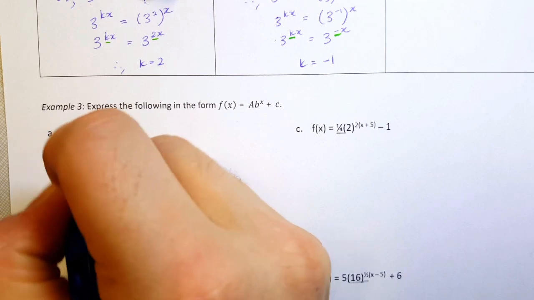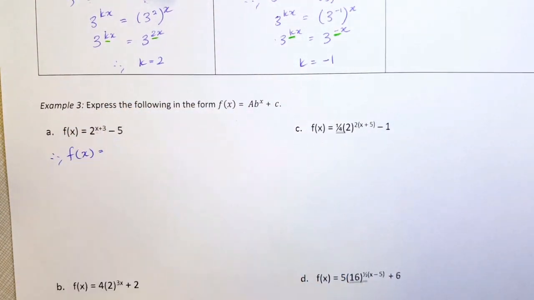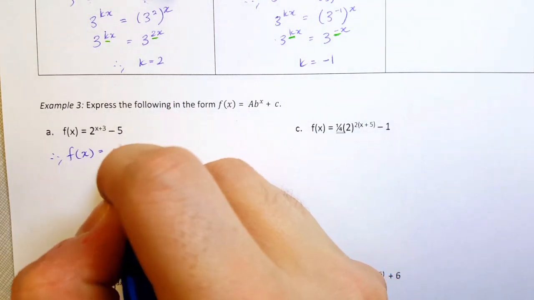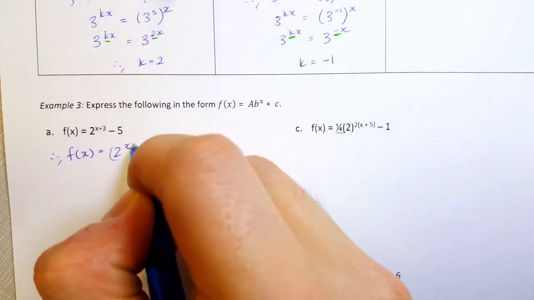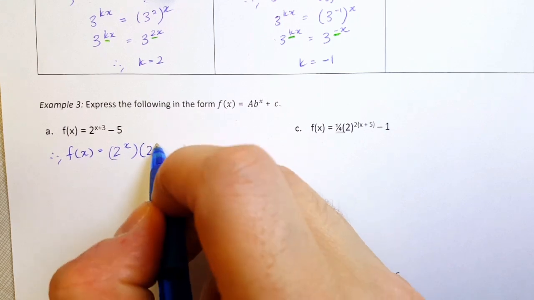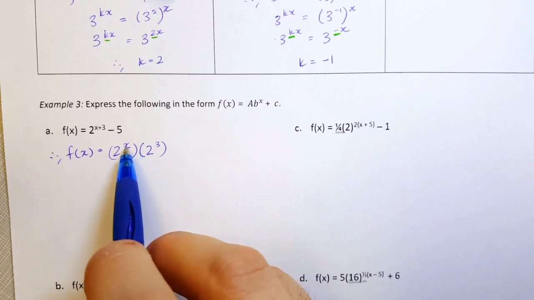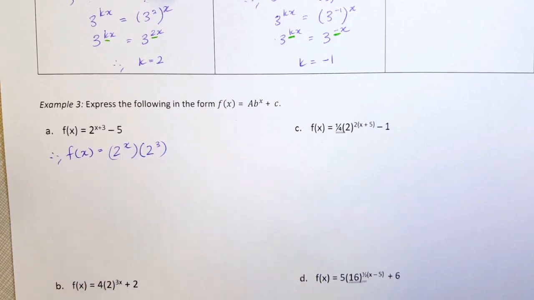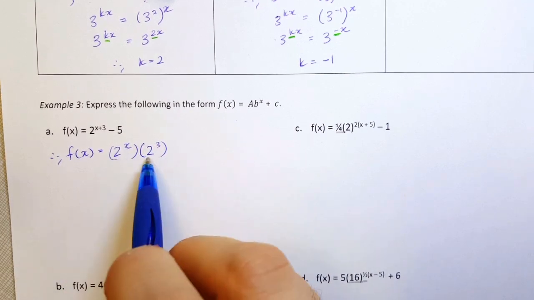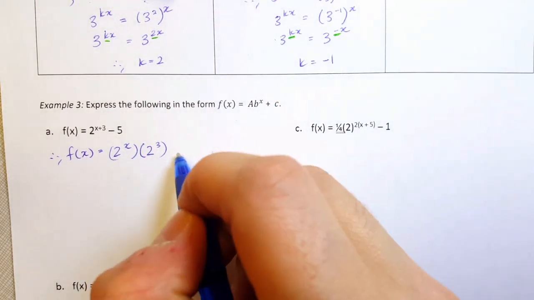So therefore, f of x is equal to, and remember, if I'm adding my exponents, that means that I have multiplied these two things together. Because they have the same base, therefore I should be adding the exponent. Right? The same base of 2, add the exponents when they multiply. That's just exponent rules.